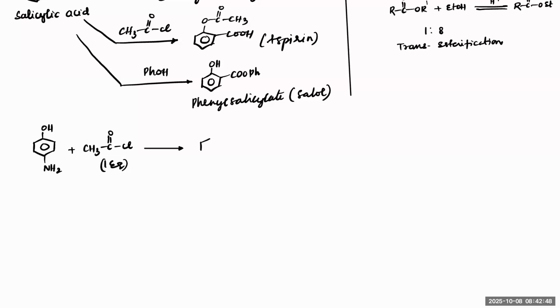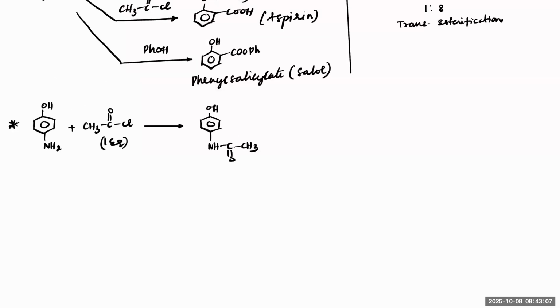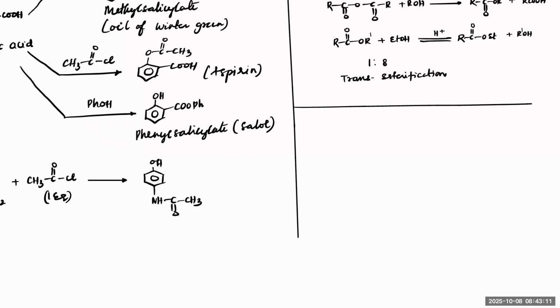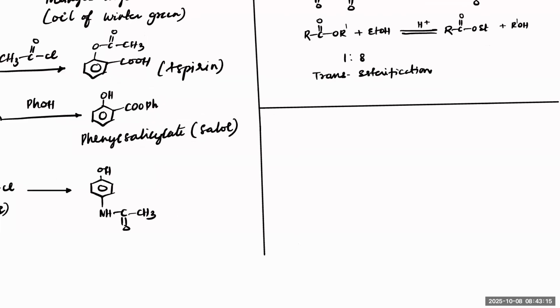Between alcohol and amine, amines are the first group which can make amides, which are more stable. So this is the product you will write first with one equivalent. So these are the examples and important pointers that you need to know from esterification. Next, dehydration.